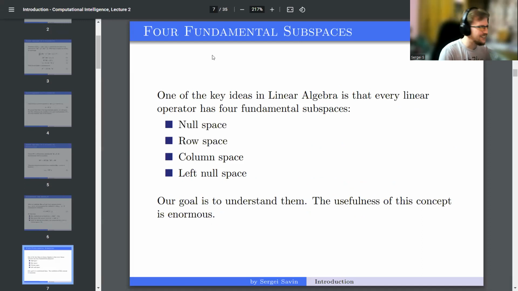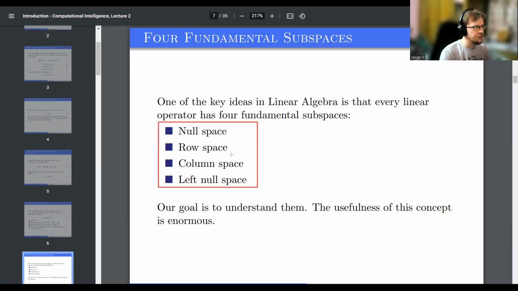Now we are starting the core of this lecture, fundamental subspaces. So there are 4 of them: null space, row space, column space, left null space. Each matrix has all 4. You maybe have studied this in your linear algebra course, very likely. So some of it will be review, but I think some of it will be new.